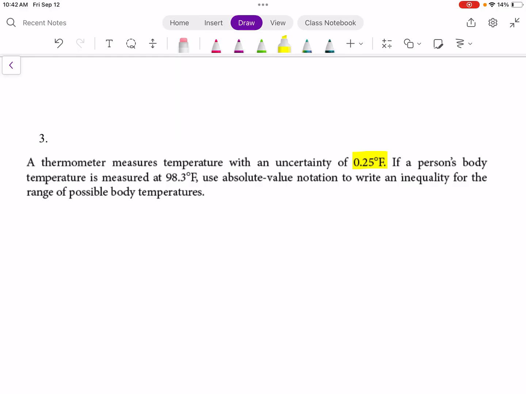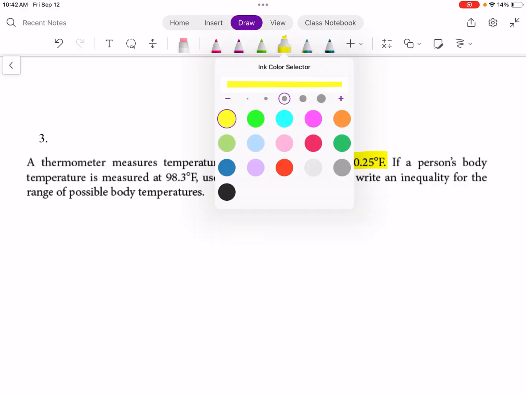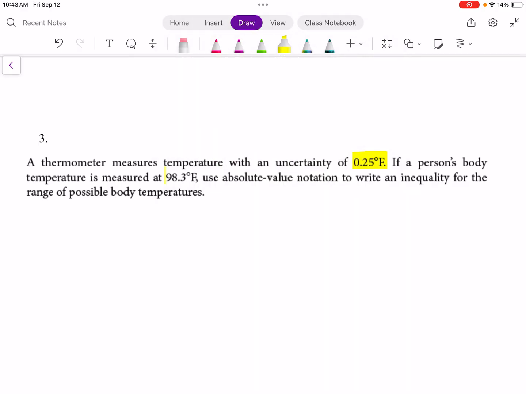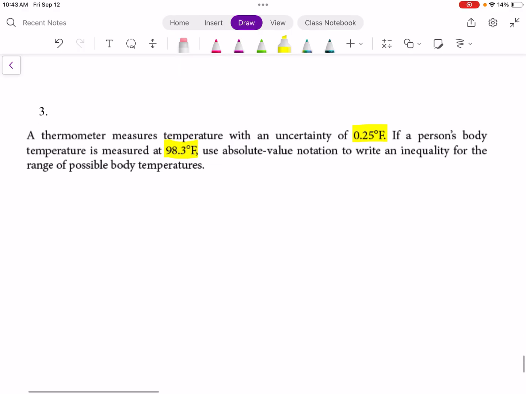If a person's body temperature is measured as 98.3 degree Fahrenheit, then we need to write an inequality for the range of possible body temperature. What can you say about the body temperature?